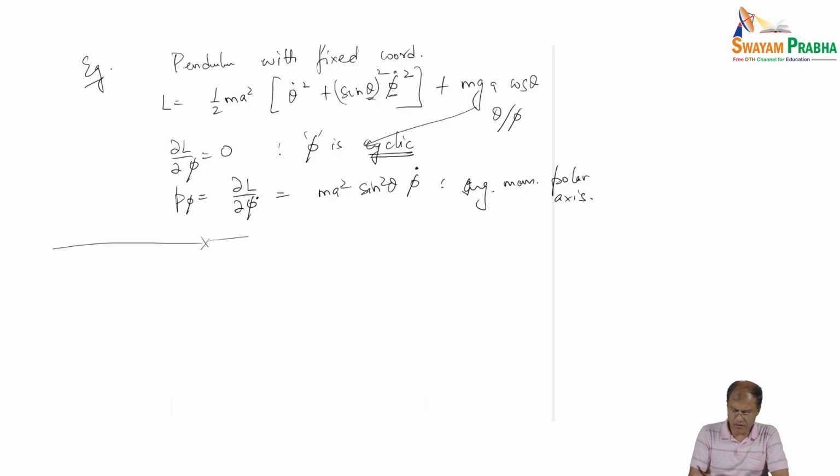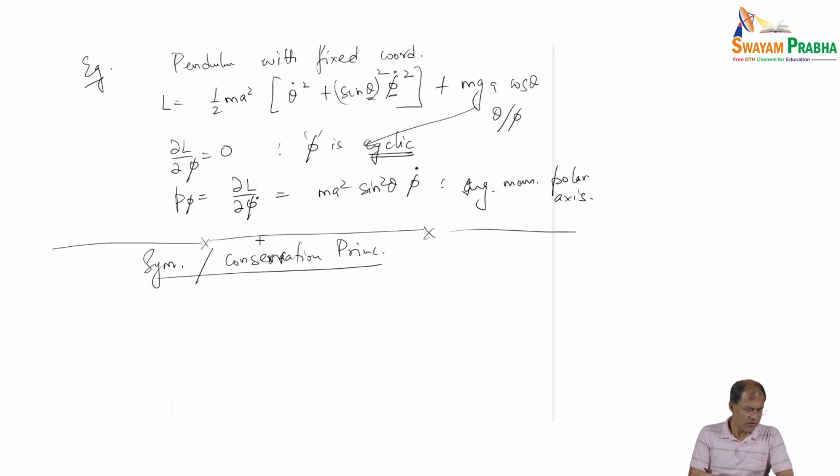Okay, so welcome back everyone, and in this module we are talking about symmetry and conservation principle. We talk about the existence of conserved quantities and how it is related to the symmetry of the Lagrangian.